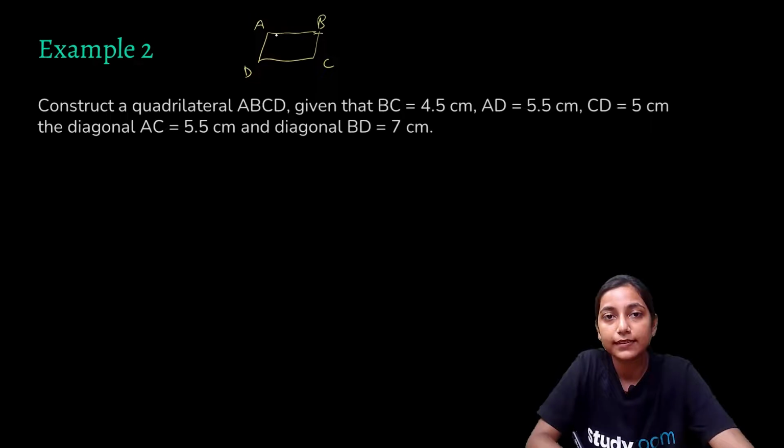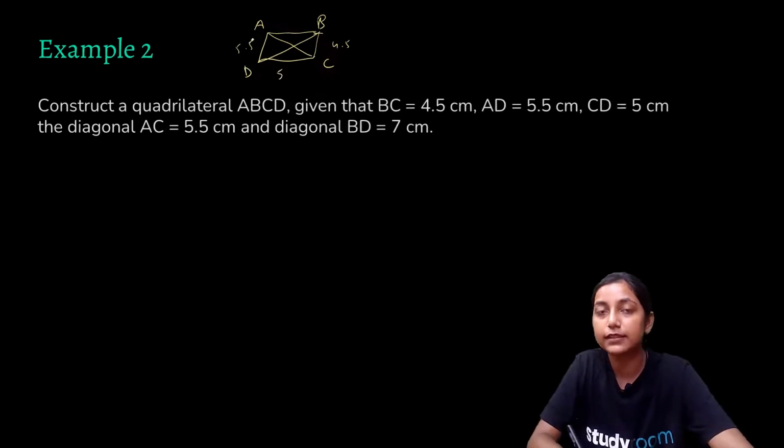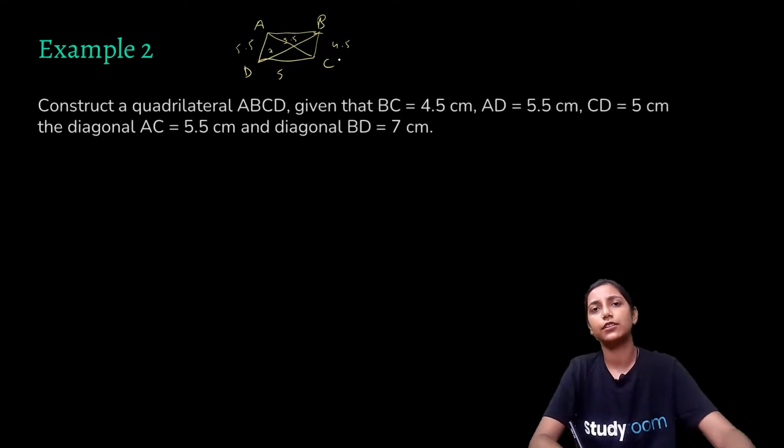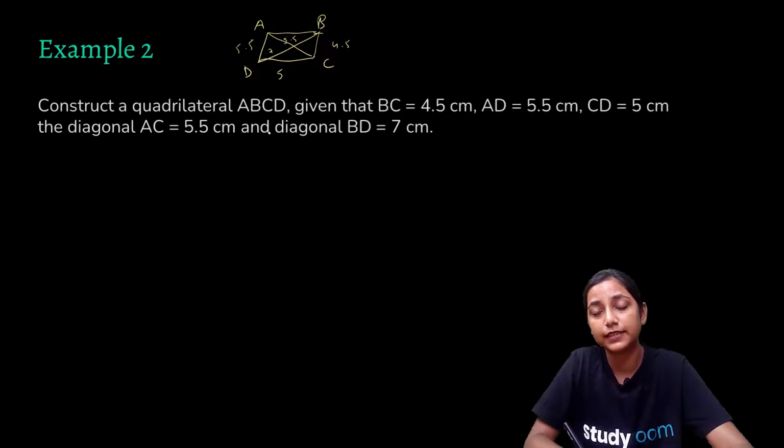And with 2 diagonals AC, BD. This AB is not given to us. What are we given? BC 4.5, AD 5.5, CD 5. These 3 sides we are given, and the 2 diagonals AC being 5.5 and BD being 7. So this is going to be a rough sketch that I draw for this quadrilateral ABCD.